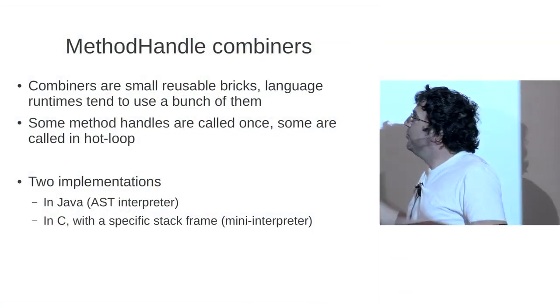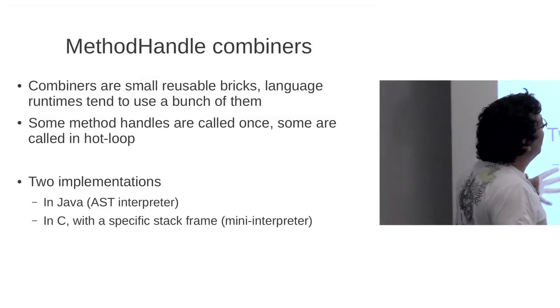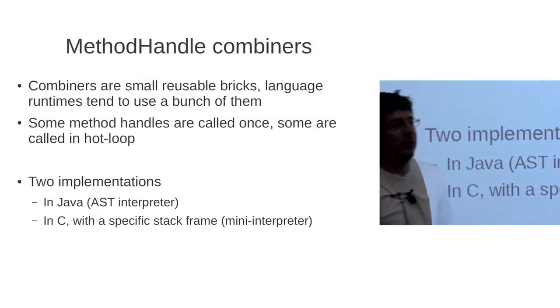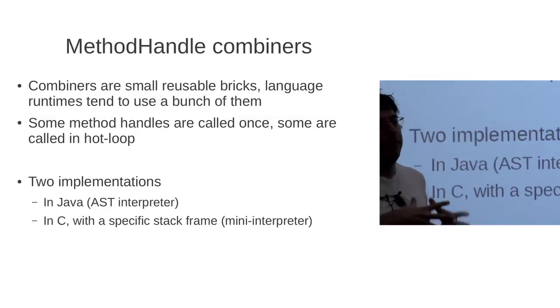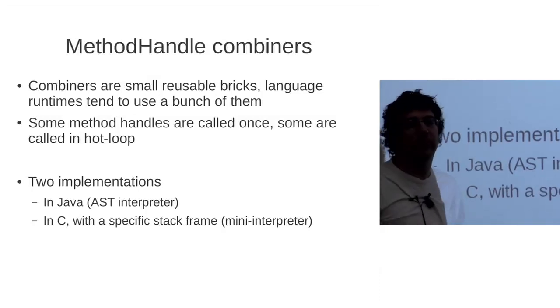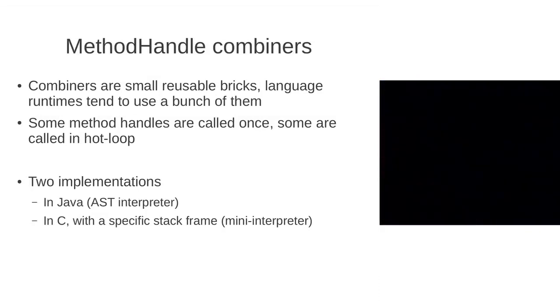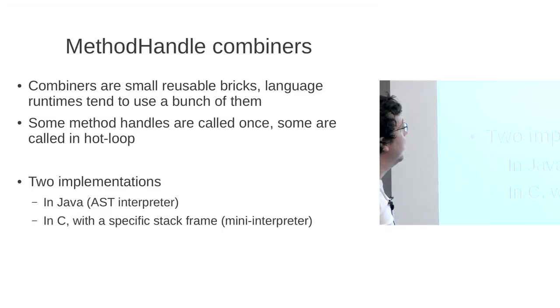So the main issue is combiners. Combiners are the base of basically, if you want to implement an inlining cache, you will use JWT and a lot of conversions.